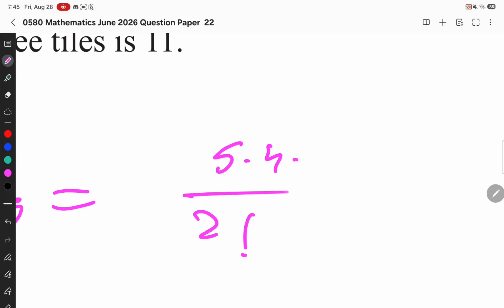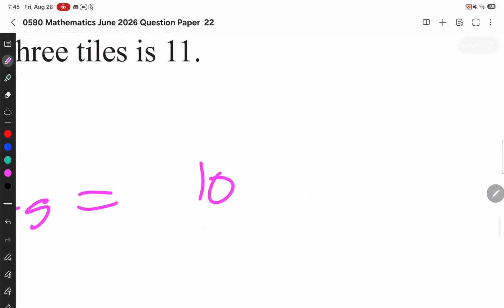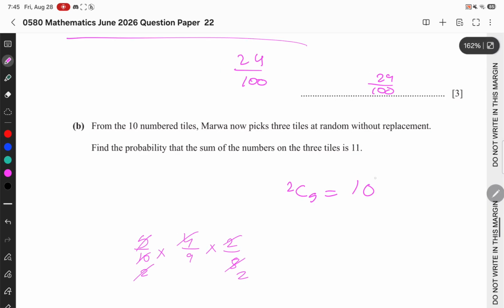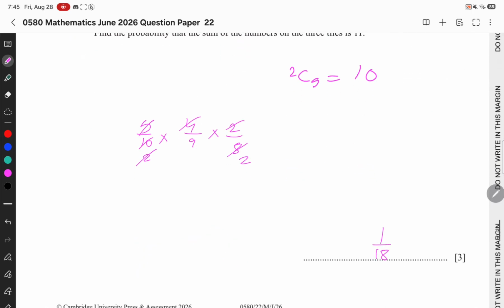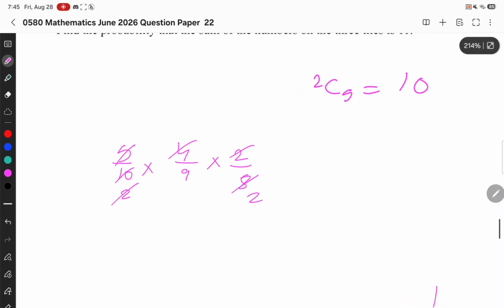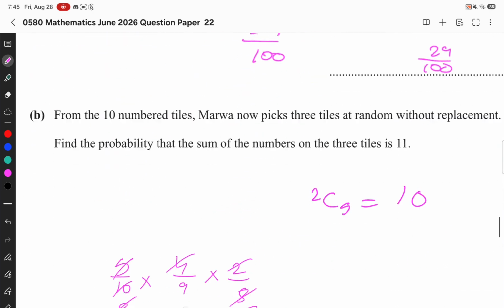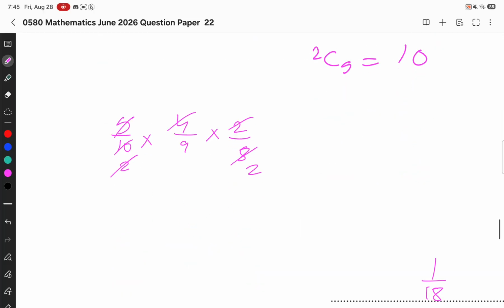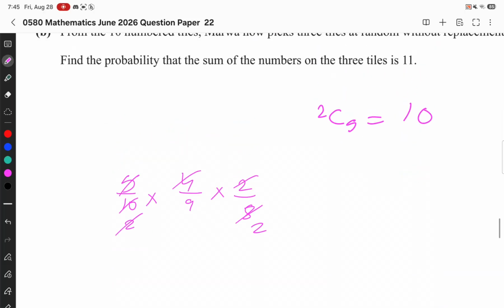This cancels out. Yeah, this is 2, this is 2, this is 10. 10 ways. You can choose it in 10 ways. Right? Next, we can choose the 3 tiles any 2 ways. Yeah, any 2 ways.